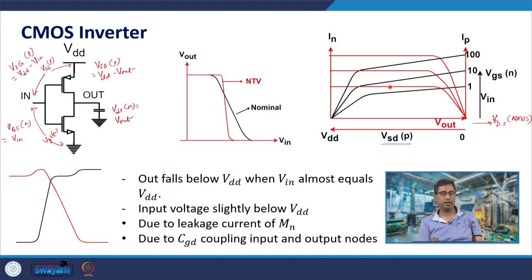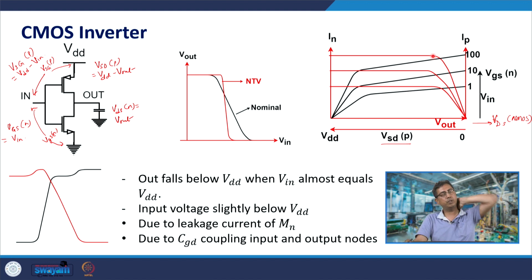Even in the super threshold regime, for a small change in input voltage you will find a large change in output voltage, but it would not be as large because the change in current with VGS is linear or square law, not exponential. If you want to look at it as an amplifier, the amplifier gain is very large here.